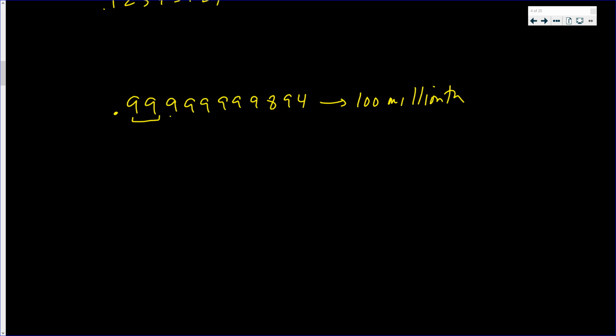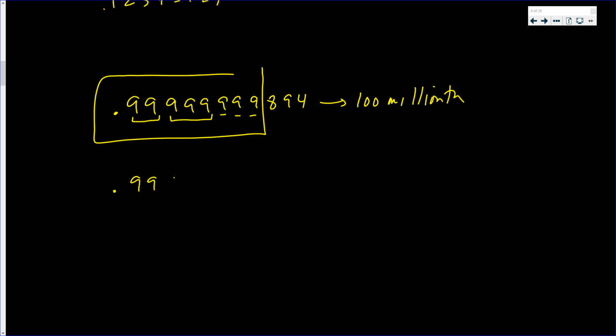Tens, hundreds, 1, 10, 100 thousandths, millions, 10 millions, 100 millions. So either that's the answer, or you add a 1. I mean, you're really adding this, but you're adding a 1 to that millionth position.